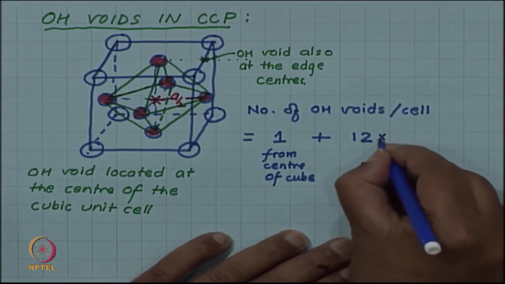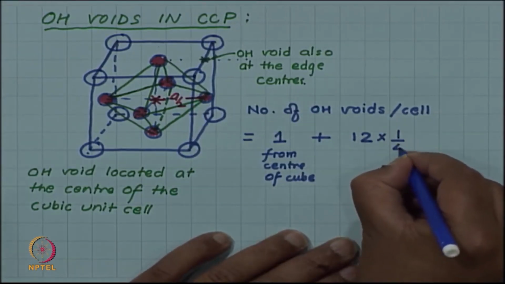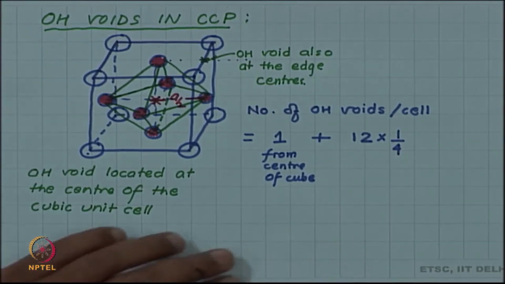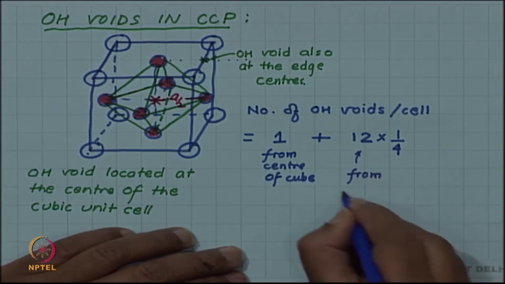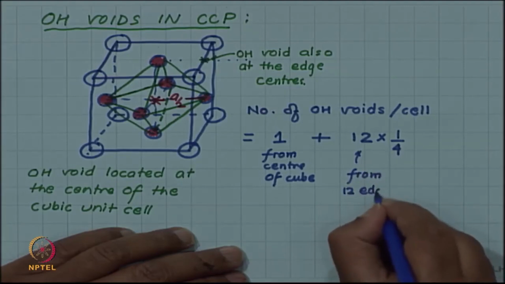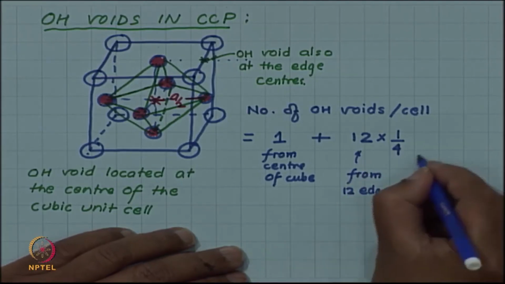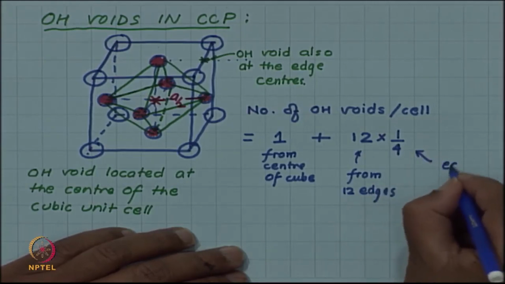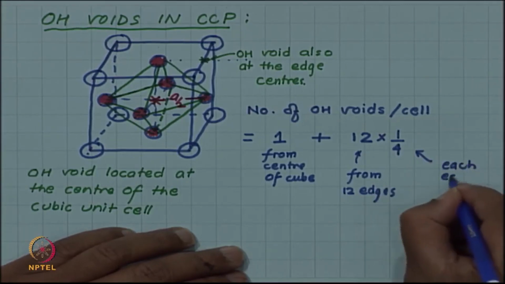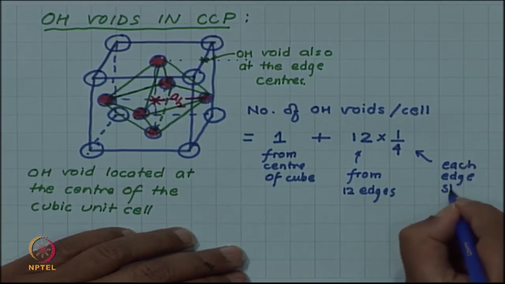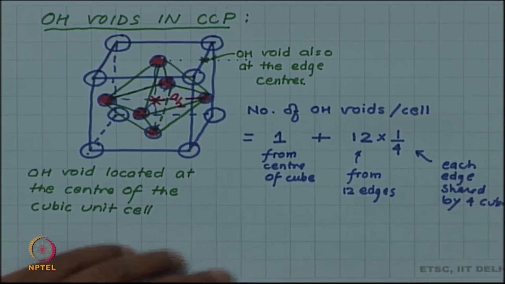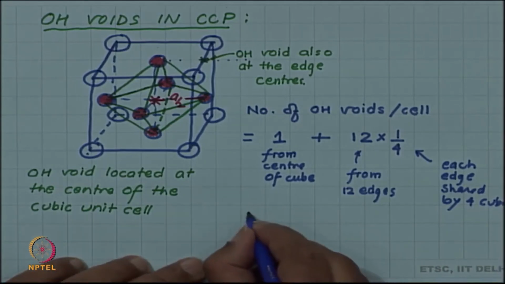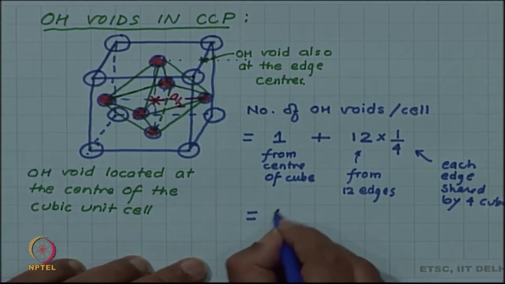So, effectively only 1/4 of the void belongs to each cube. So, 12 from 12 edges and 1/4 because each edge is shared by 4 cubes. So, this number then comes out to be 4.